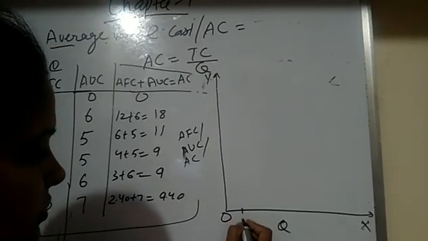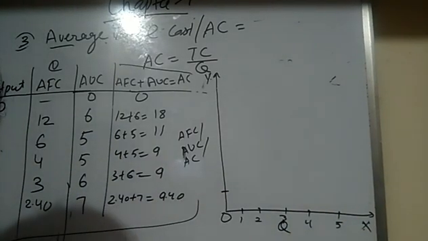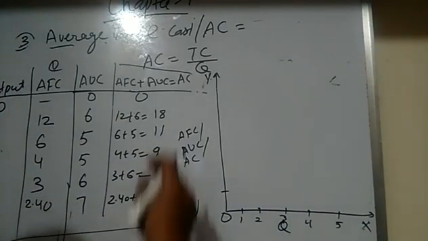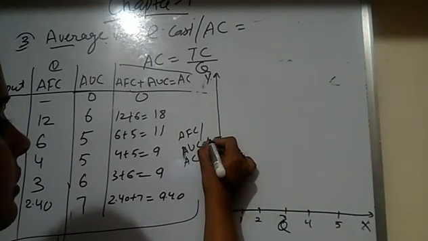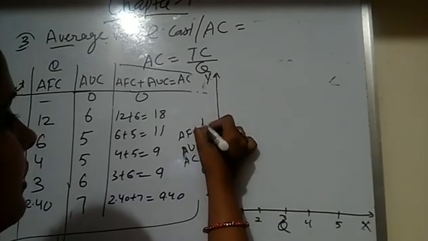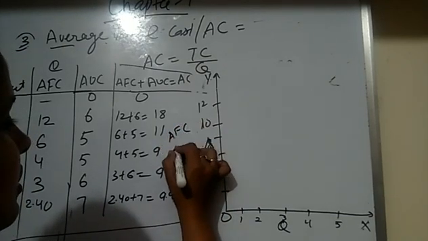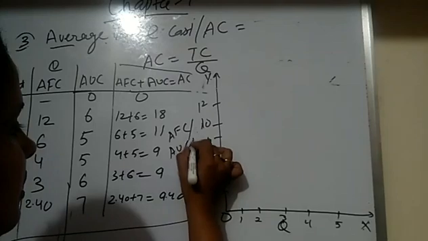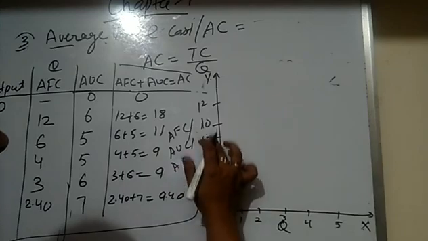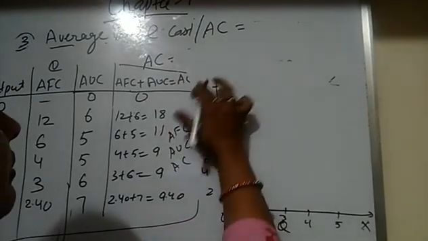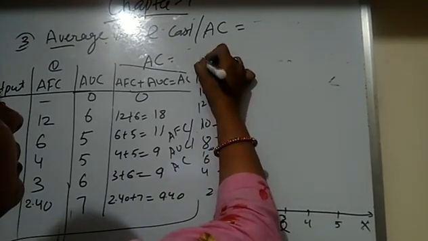So output is 1, 2, 3, 4 and 5, and on the y axis I am taking the units: 2, 4, 6, 8, 10, 12, 14, 16, 18.